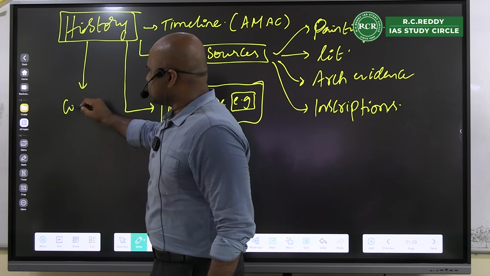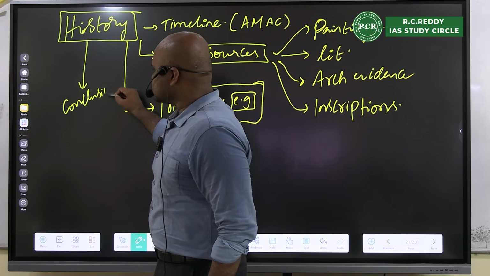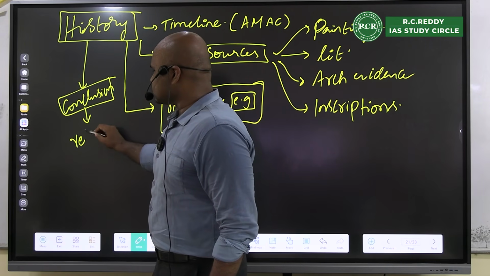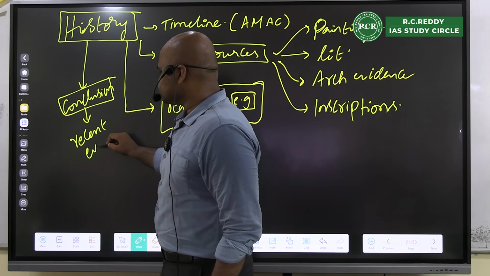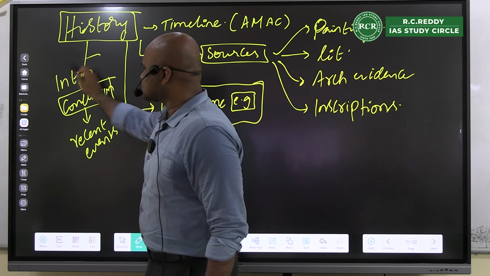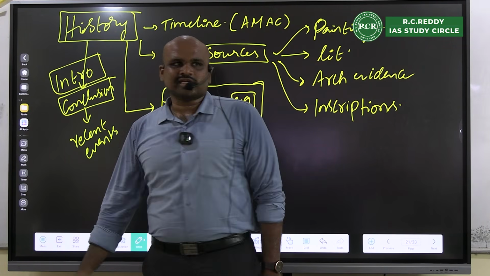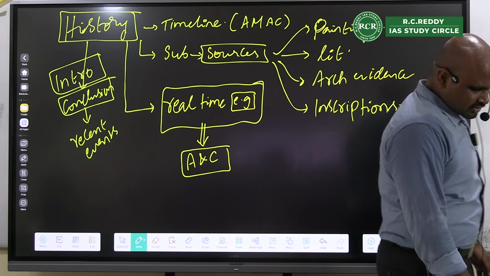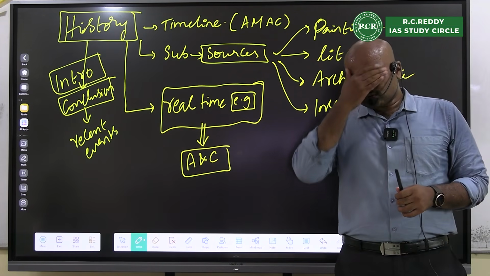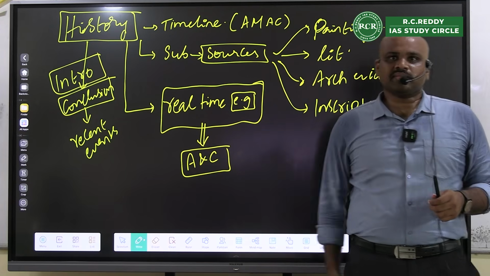One more thing that you remember: whenever I am concluding my answer with respect to history, I would always say bring in some recent events. This would apply even for the introduction in history. Suppose I am writing something on the Chola Empire. I think in 24 or 25 we had a question on the Chola Empire.